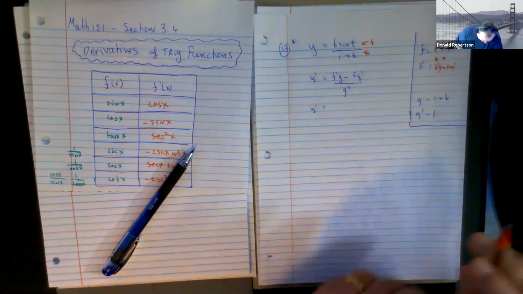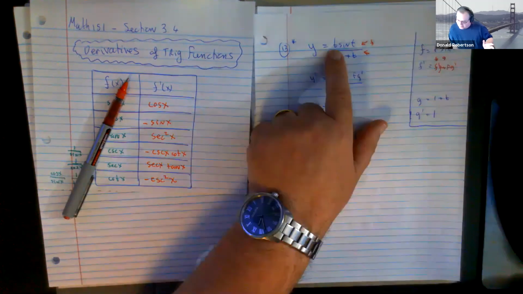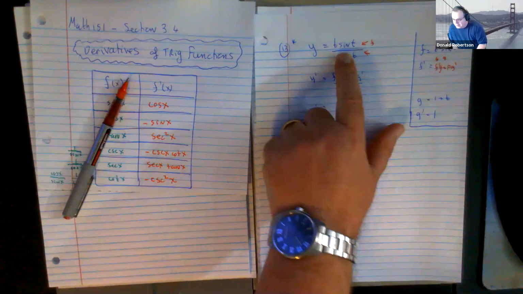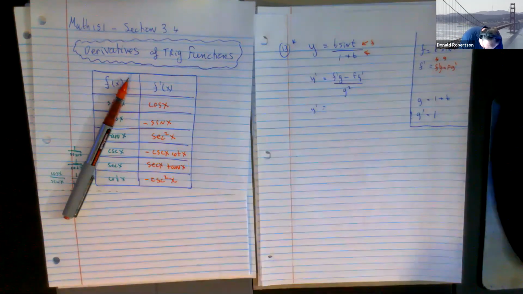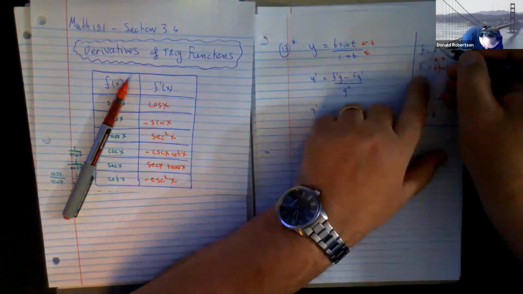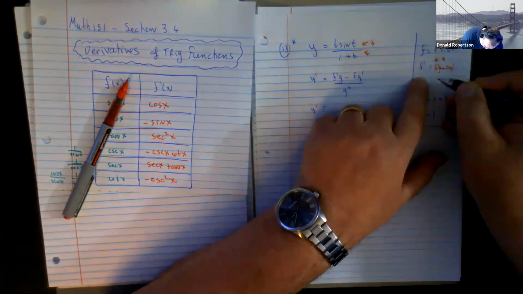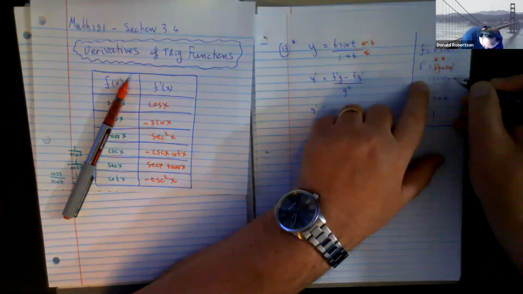Product rule. So yes, we do have a quotient, but isn't this one of these, you have a quotient rule with a little baby product rule inside it, right? That happens from time to time. So I'm going to have to differentiate f by using the product rule. So it's going to be 1 times sine t plus t times cosine t.